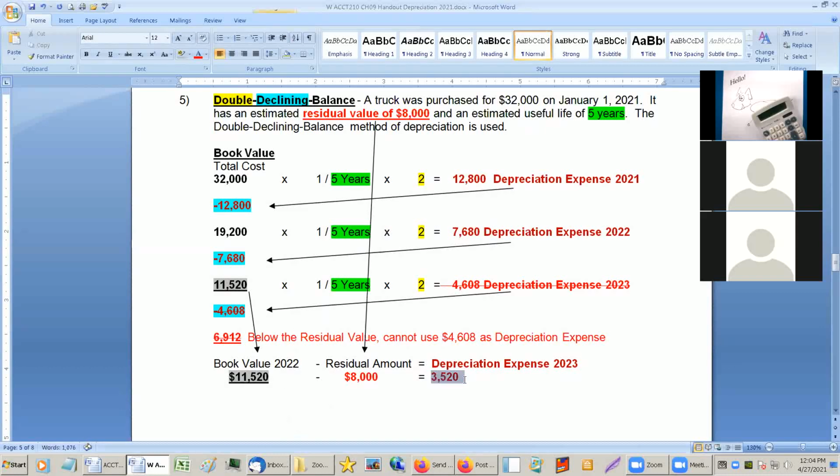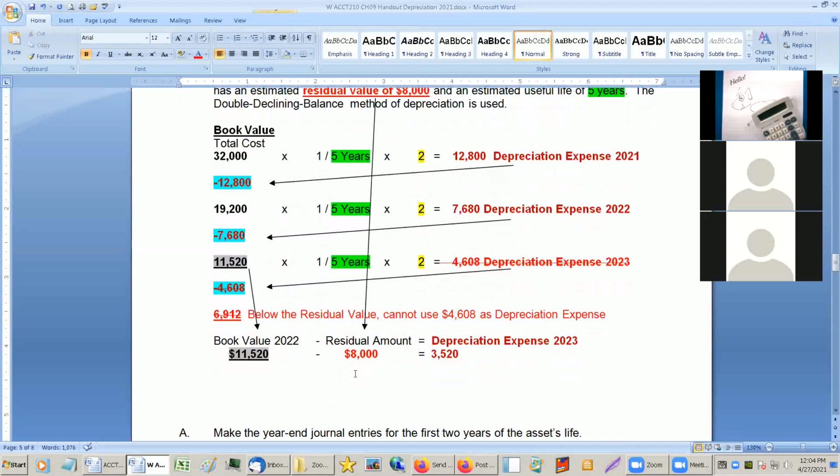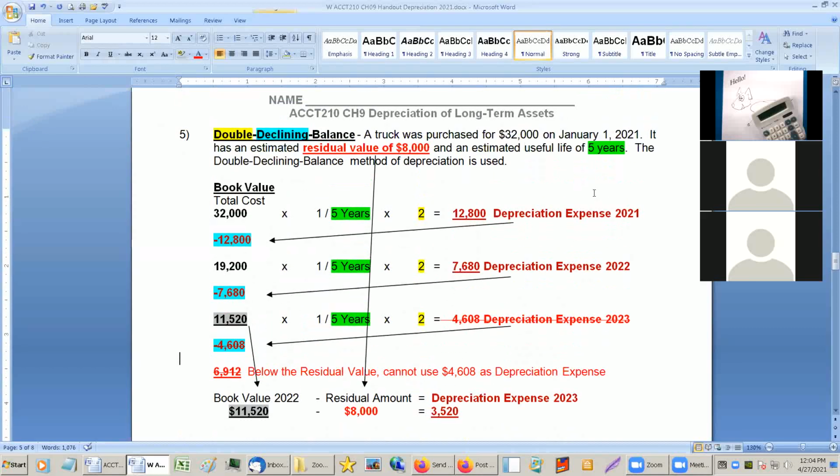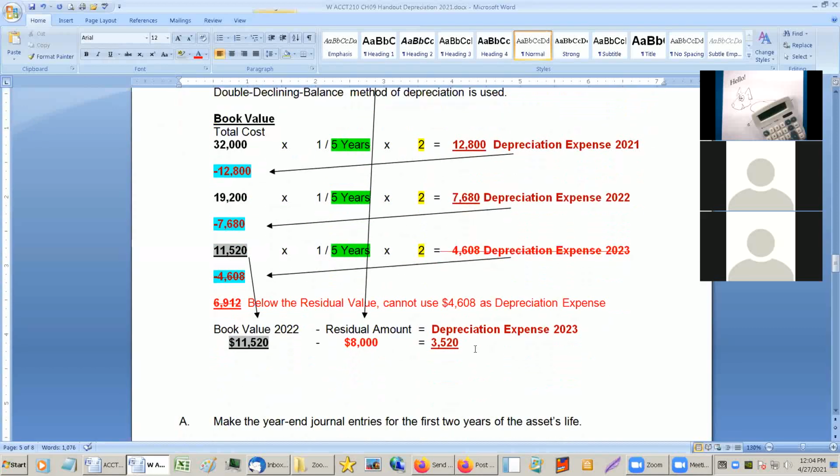This lesser amount you can use because this will get us down to the 8,000. Okay, again, kooky method. So these are the depreciation expenses: 12,800, 7,680, and this is 3,520. So this is going to be completely depreciated in 3 years. Notice it's a 5-year life, but it'll be completely depreciated in 3 years. And it does do what we want it to do. It depreciates more early on.